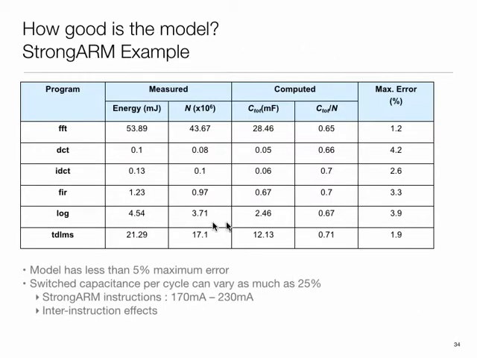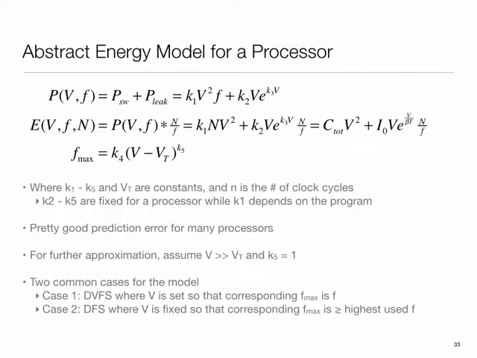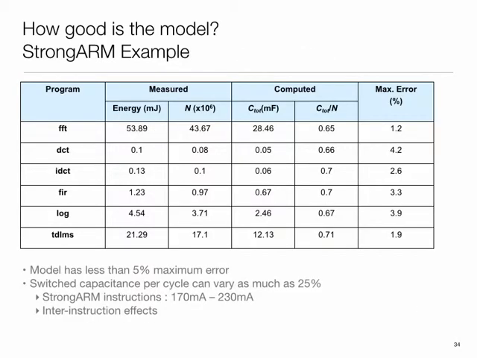So this simple model, we basically reduced all those thousands and millions of devices within the processor to essentially 4 or 5 constants. It turns out to work pretty well.